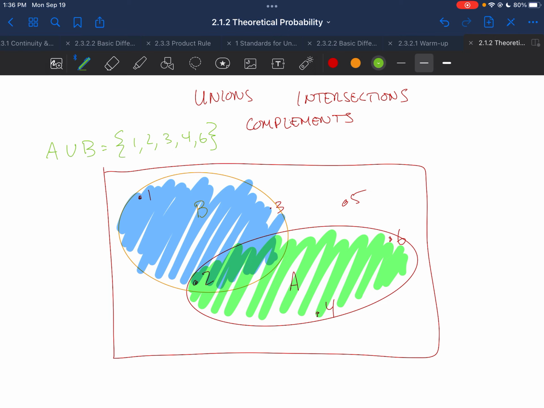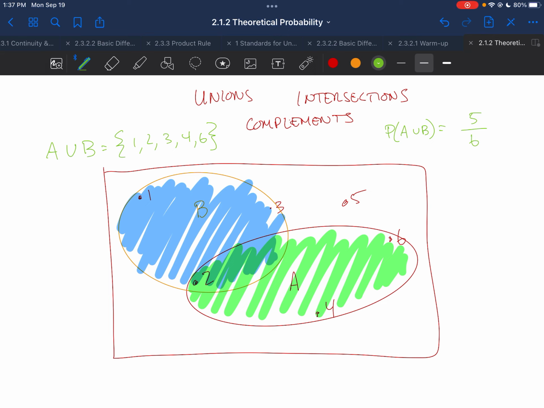If I were to find the probability of A union B, there are 5 different outcomes and 6 possibilities. So the probability that I either toss an even number or roll a number less than or equal to 3 is 5 out of the 6 total.